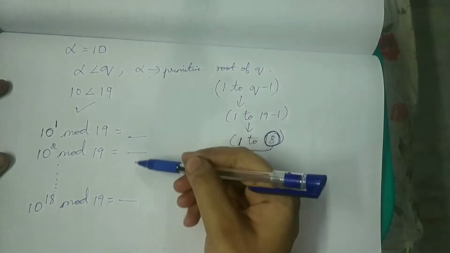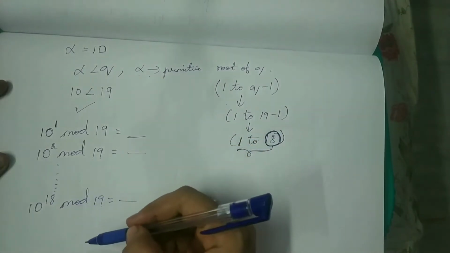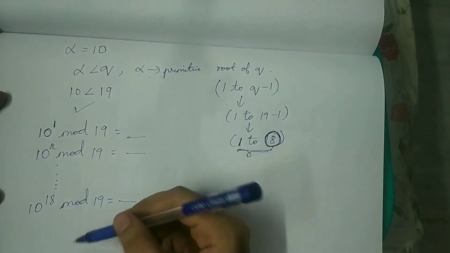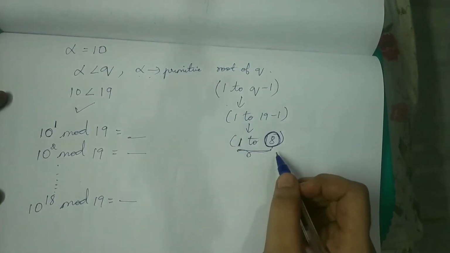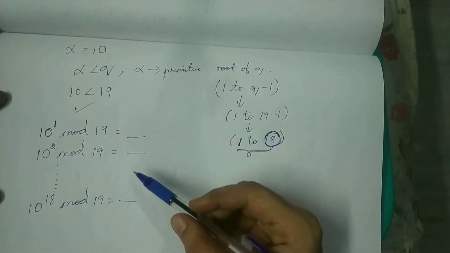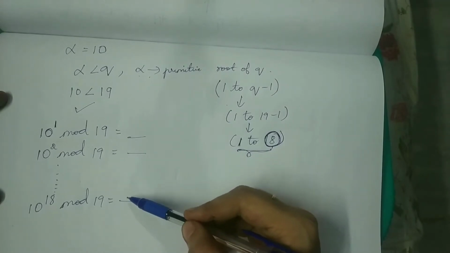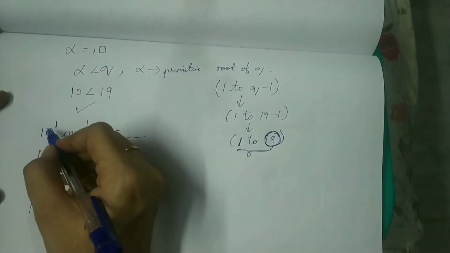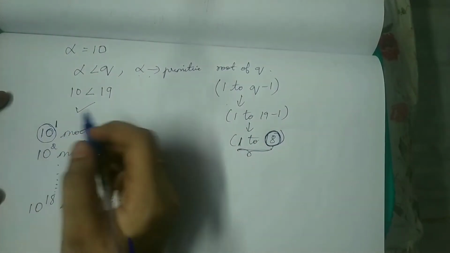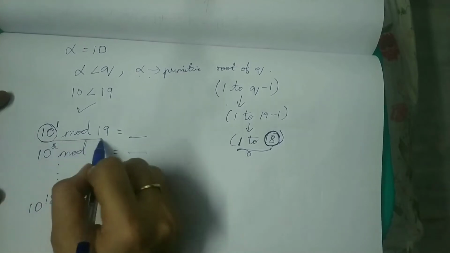So I'll be getting answers for each and everything. Those answers should be from 1 to 18. If I'm getting all the numbers from 1 to 18 inside this, then I can choose my alpha value as 10. So now let us find the value for these three.